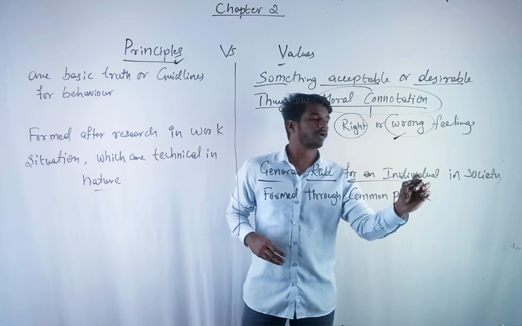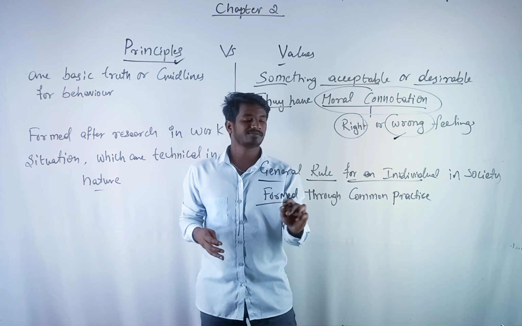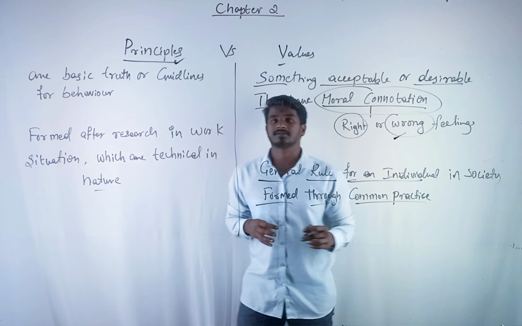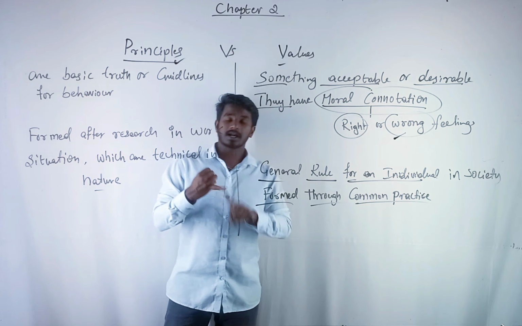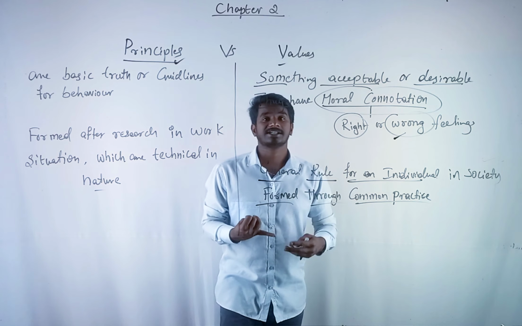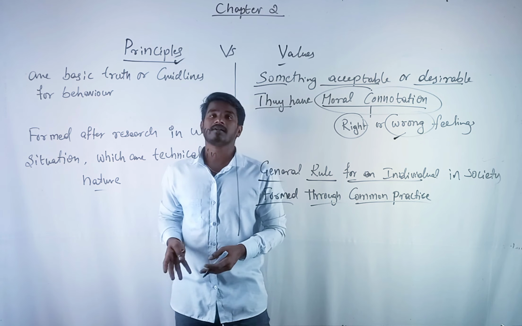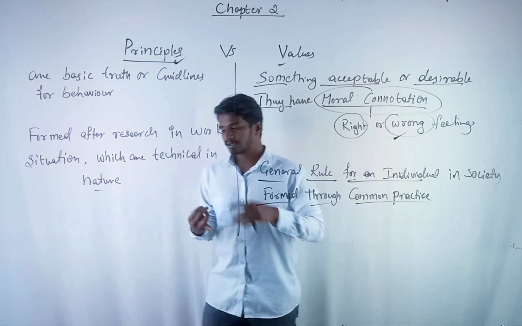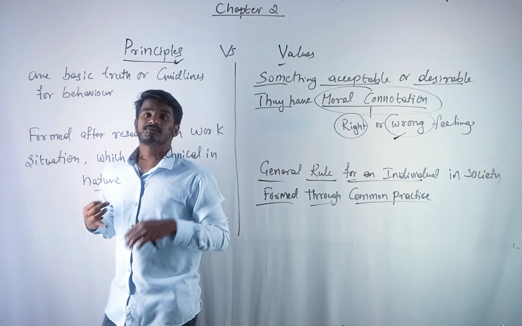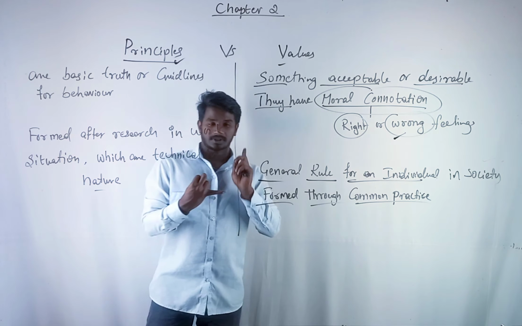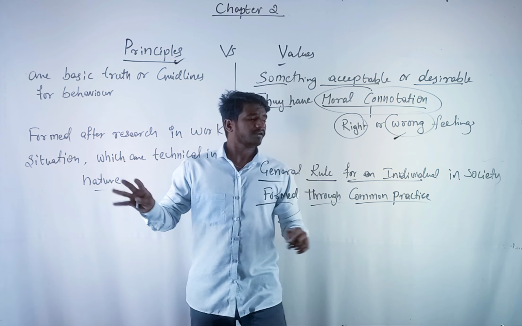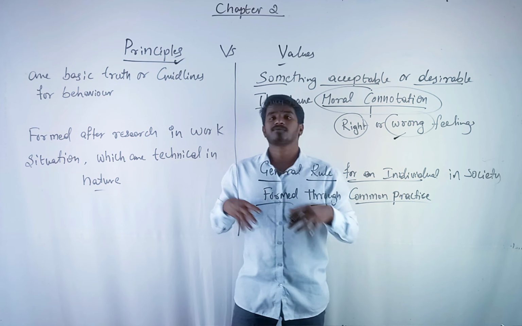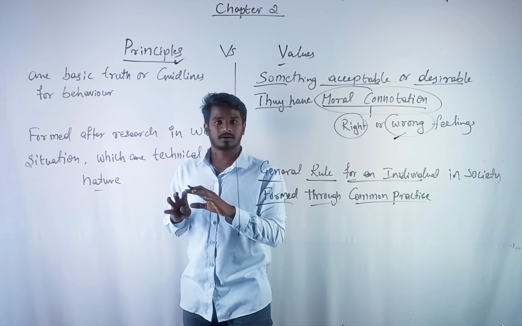Values are general rules for an individual in society, formed through common practices. Let us say in India there are Muslims, Christians, and Hindus. The majority are Hindus. Hindus will follow Hindu gods, Muslims will follow Allah, and Christians will follow Jesus. Each individual will follow some practices.